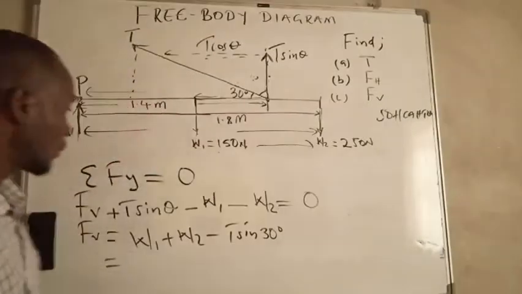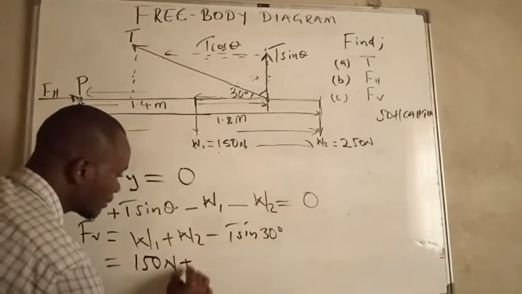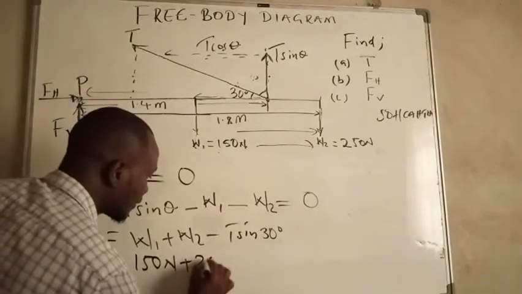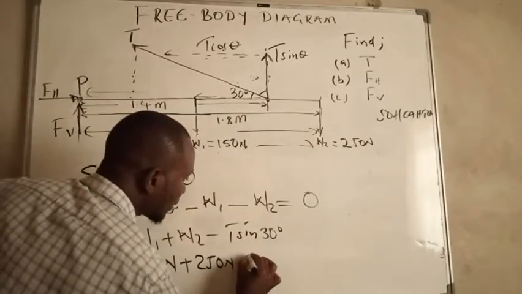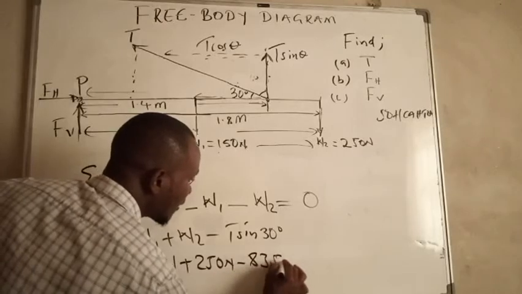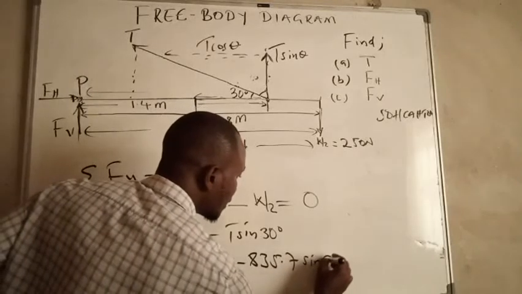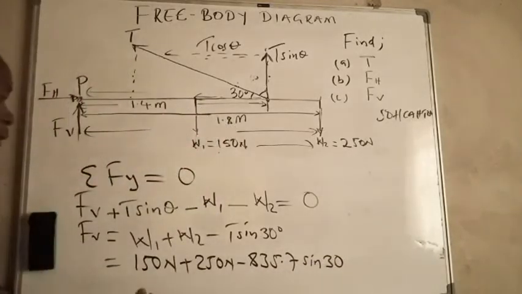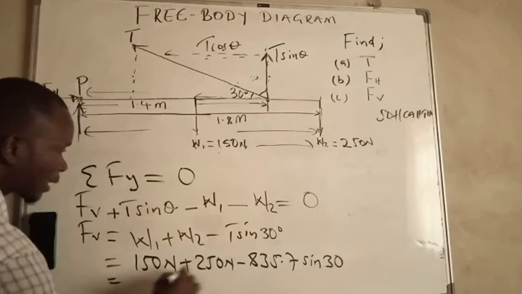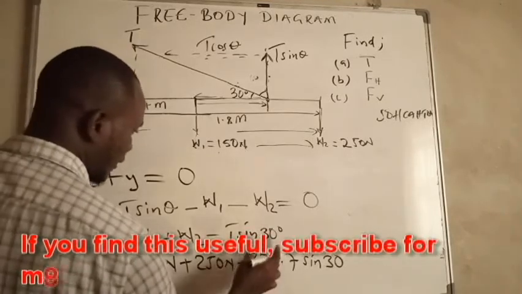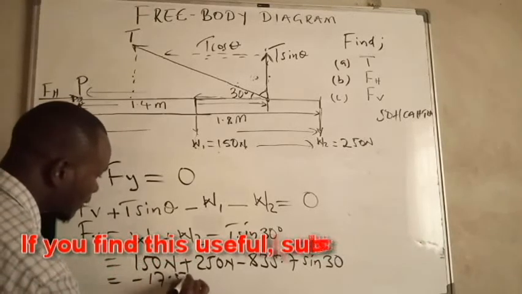So we have 150 newtons for the weight of the beam, plus 250, which is W2, then minus 835.7 sine 30. When we add 150 plus 250 minus 835.7 sine 30, we are going to have negative 17.5 newtons.